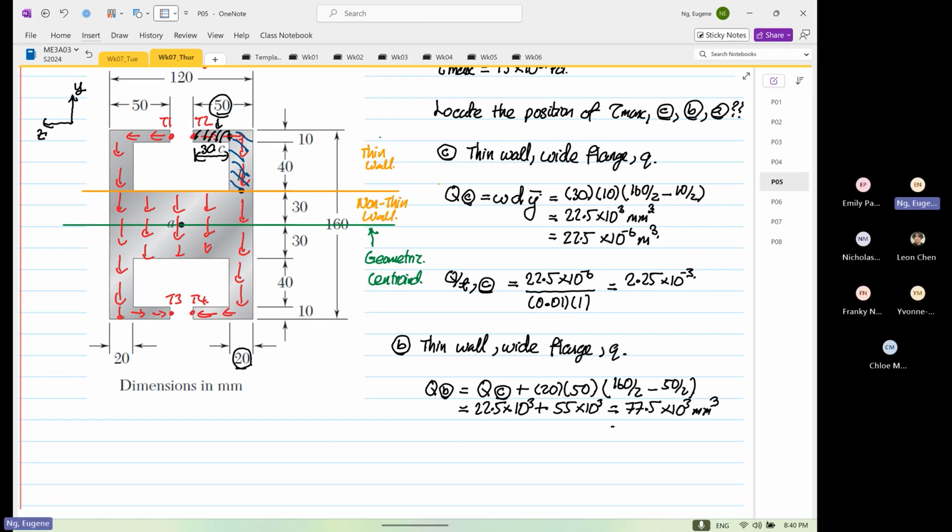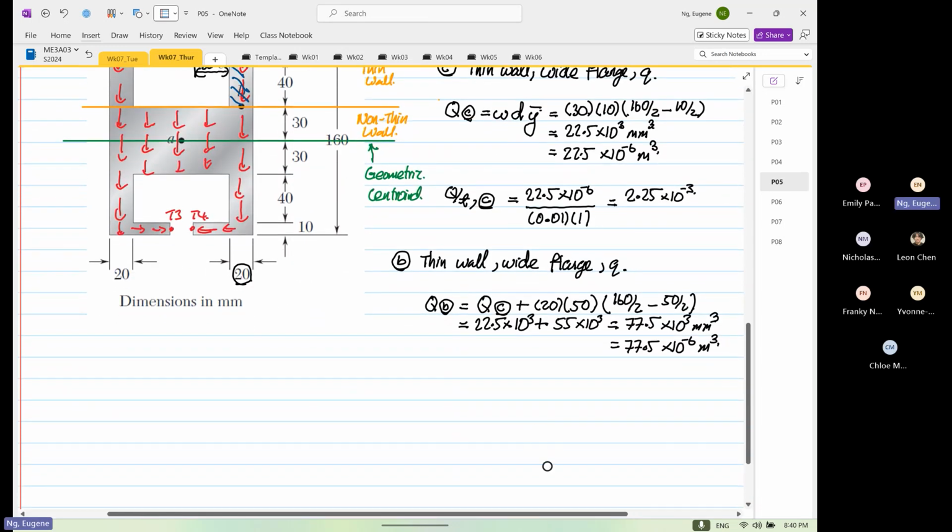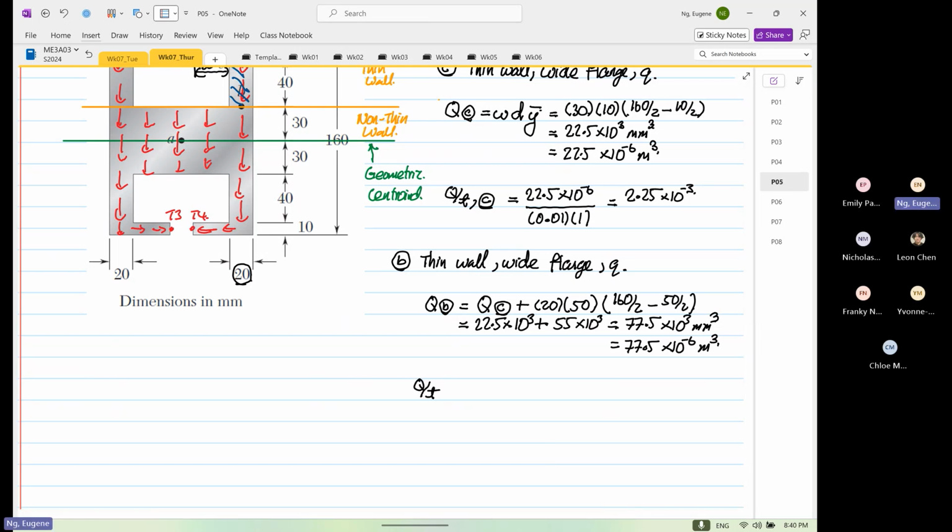Millimeter cube, and this is equal to 77.5 times 10 to the power minus 6 meter cube. Okay. Then if we calculate the Q over T ratio at point B now, this will be equal to 77.5 times 10 to the power minus 6.